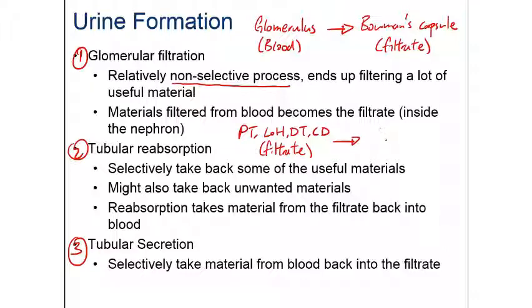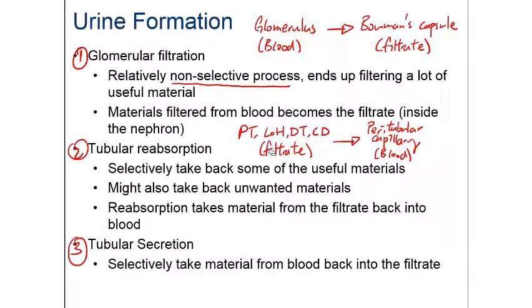You will take them back into the blood. The blood vessels surrounding these structures, if you remember from previous slides, are called the peritubular capillaries, so it's going to go back to your blood. This is a selective process.